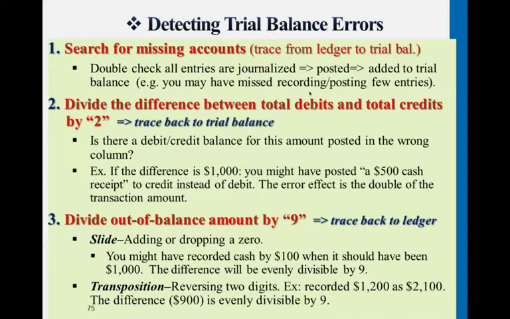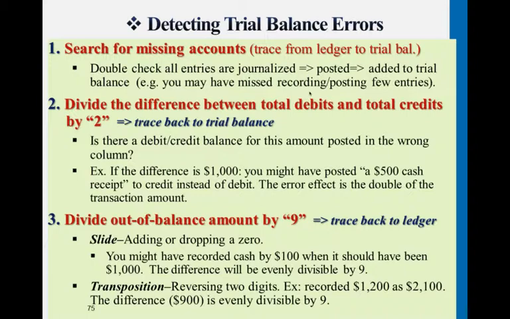So this will affect the final balance to have a difference that is actually double this error amount. So the difference is 1,000 minus 0 gives you $1,000. This is the total balance difference between debits and credits.